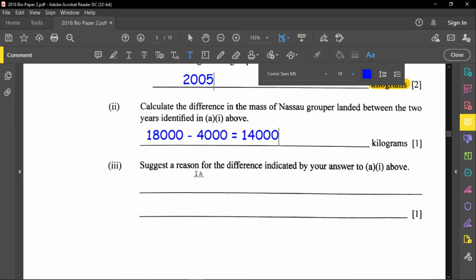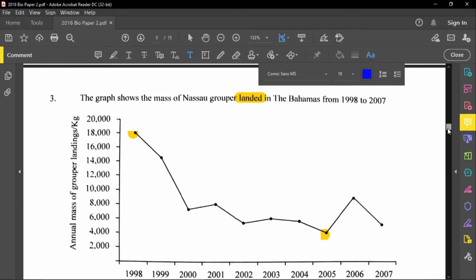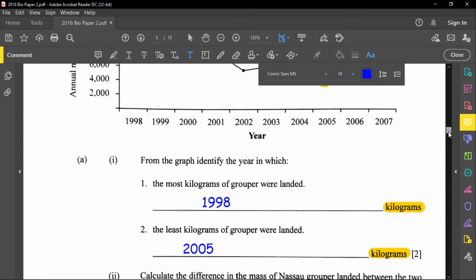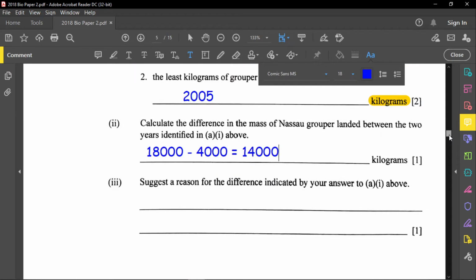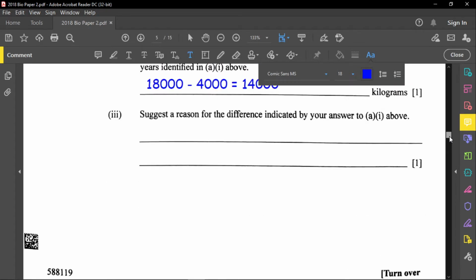It says, suggest a reason for the difference indicated by your answer in A1 above. So why is there such a big difference? Even look at the graph. Why is it declining from such a large value to such a small value? 18,000 to 4,000. That's a big difference, isn't it? A 14,000 difference. That's whopping. So what could cause this to happen here is that, yes, there could be a decline in the Nassau grouper population.